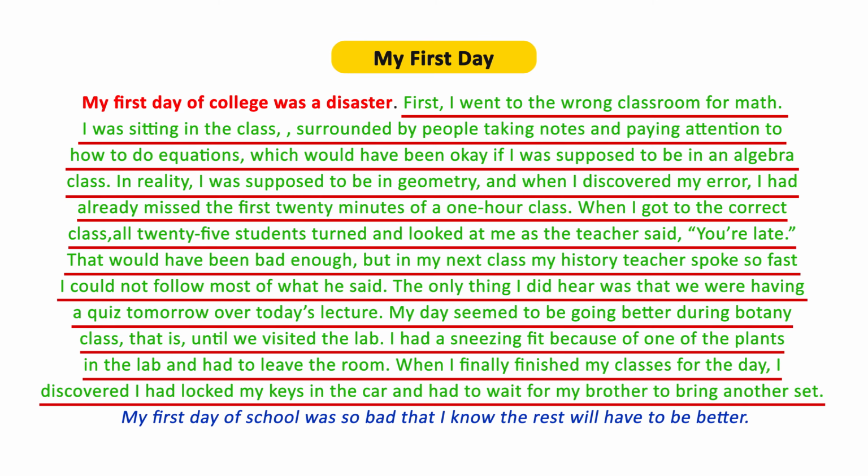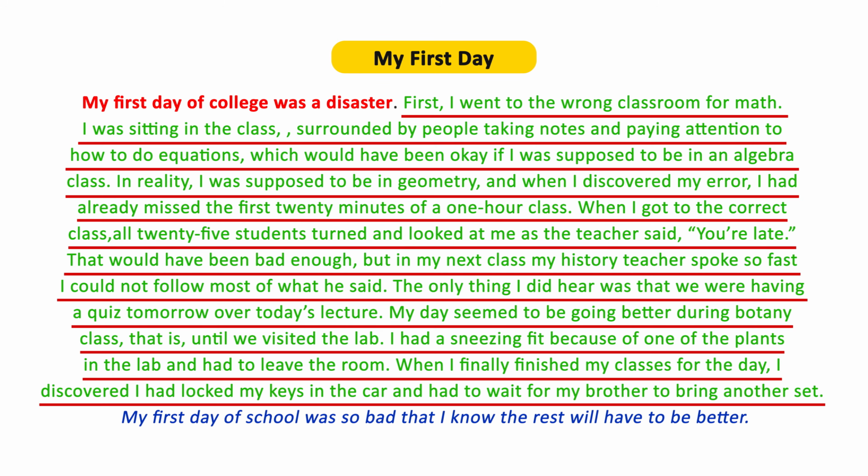Next, after the topic sentence, there are also supporting sentences, which are in green. The supporting sentences start from the second sentence, "First, I went to the wrong class for math," until the second sentence from the last, "When I finally finished my classes for the day," and so on until "another set."